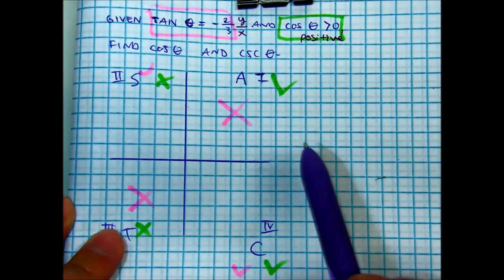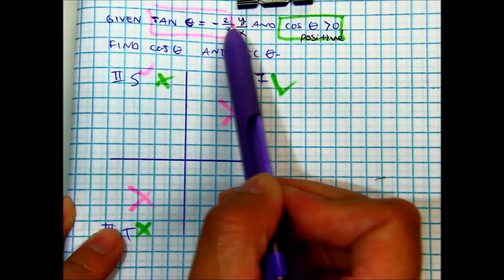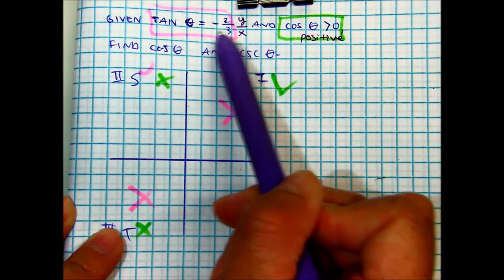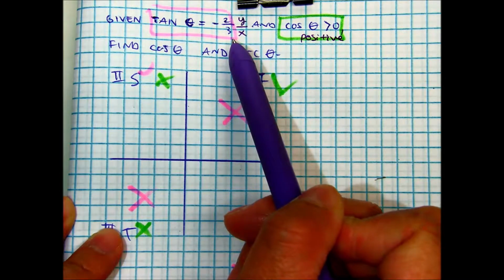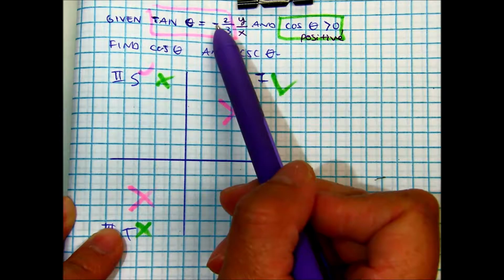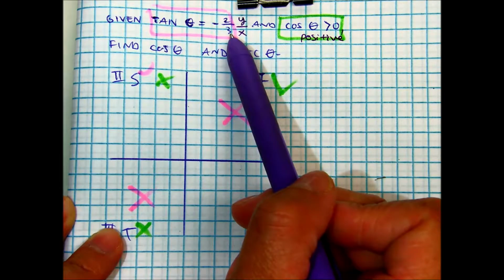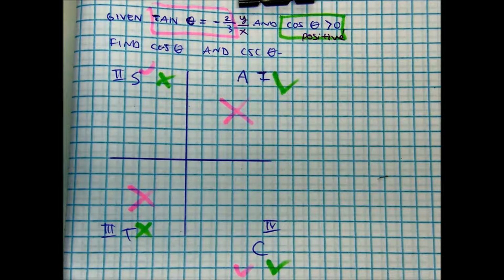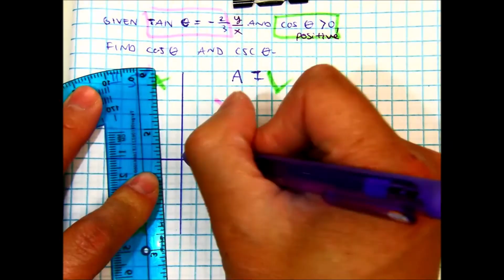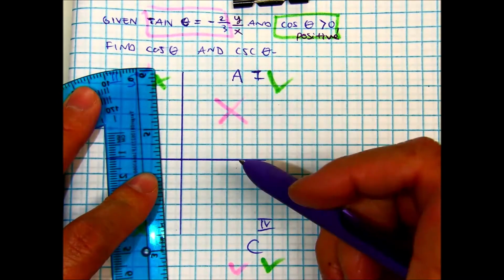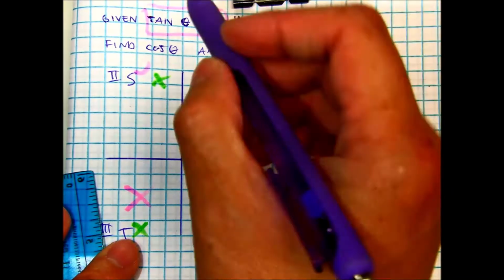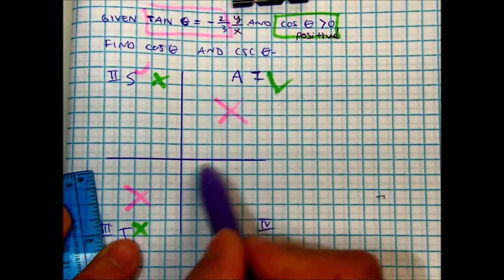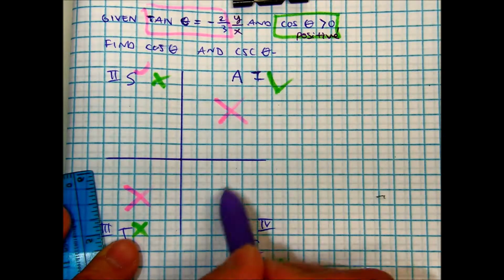You see, that should tell us, you're like, I'm not sure which one is positive, which one's negative. Where's the negative? Is it the 2 or the 3? But if you draw a picture, let's draw it to proportion this time. If I draw a triangle down here, which one's going to be positive? The x's or the y's?